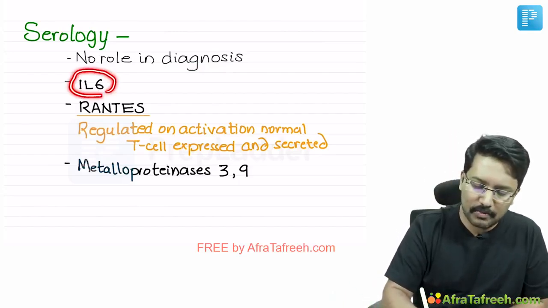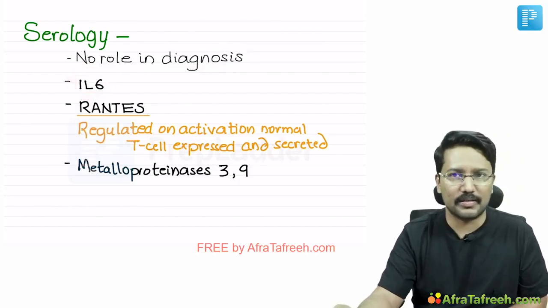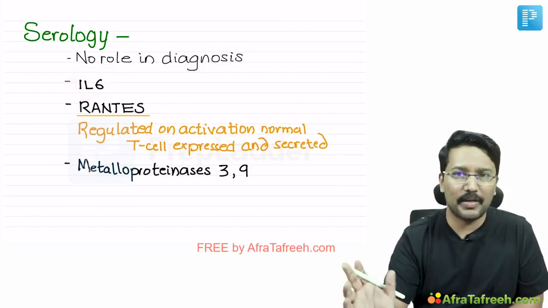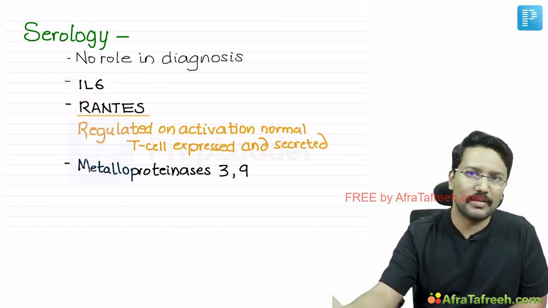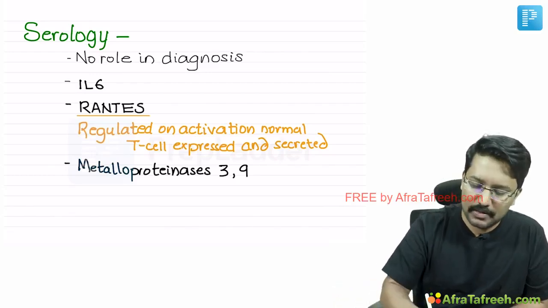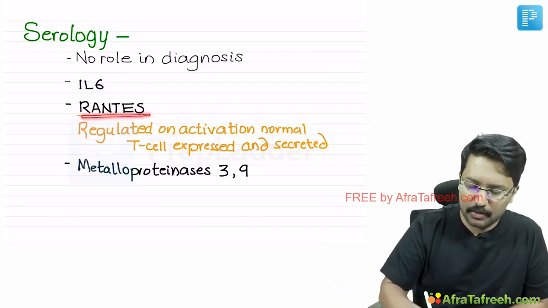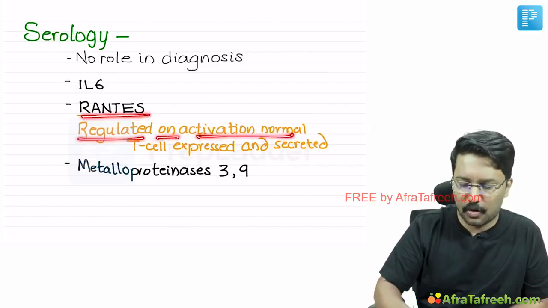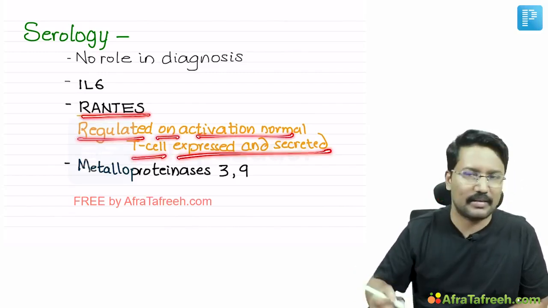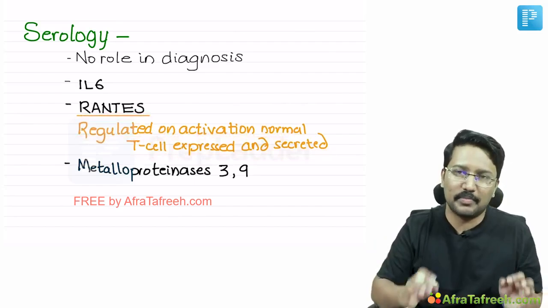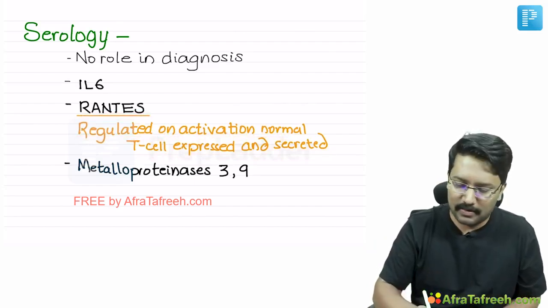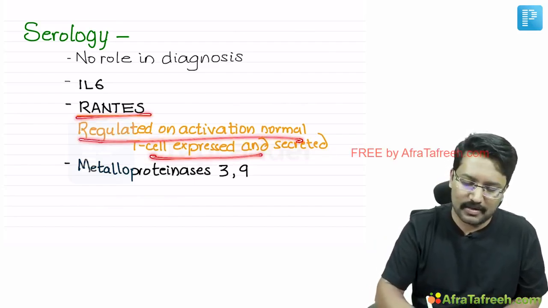The first serological marker I want you to remember is interleukin 6. Interleukin 6 is generally found to be elevated in these patients, and it correlates with the disease activity, right? The second one is RANTES. RANTES stands for regulated on activation normal T cell expressed and secreted. I don't know what sense that makes, but this is a substance, and this statement is summarized in this word RANTES, right?